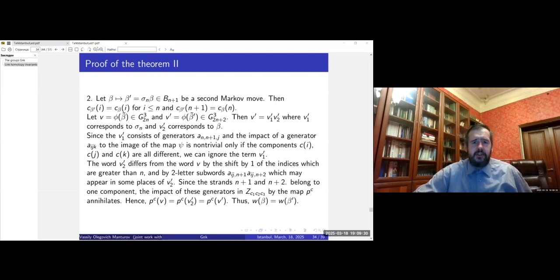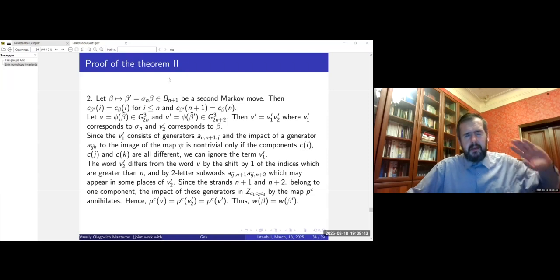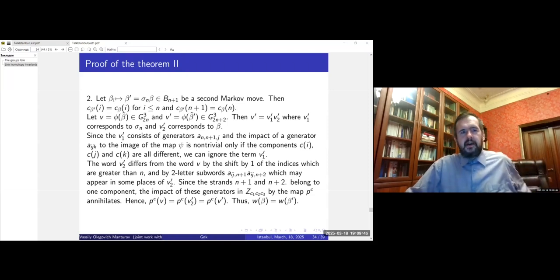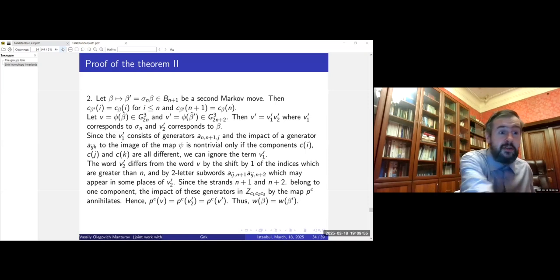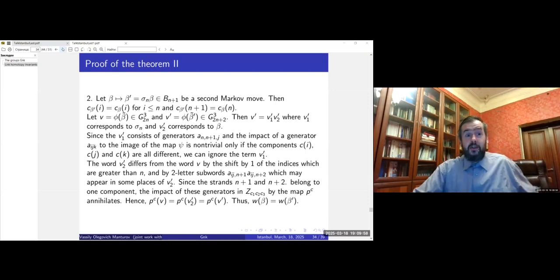But since virtual knots live in surfaces, they have non-trivial homotopy. And this non-trivial homotopy has something to do with free groups, well, maybe not free groups, but rich groups and pictures. So we can draw a picture, and this is very important. But actually, virtual knot theory contains classical knot theory as a proper part.